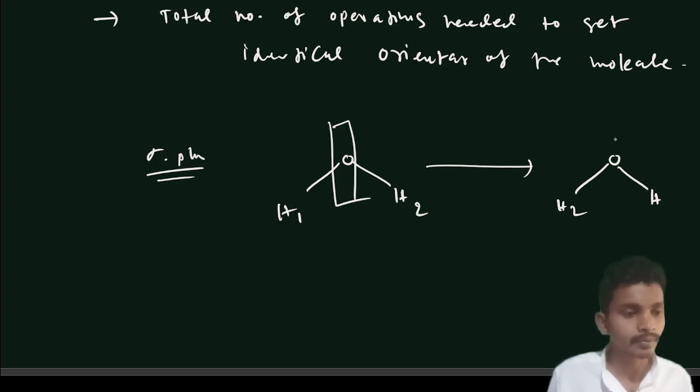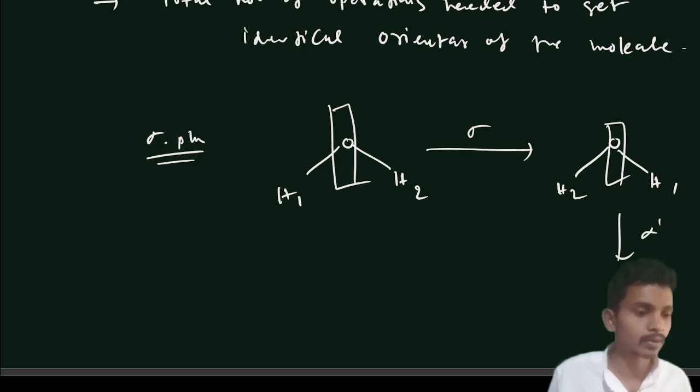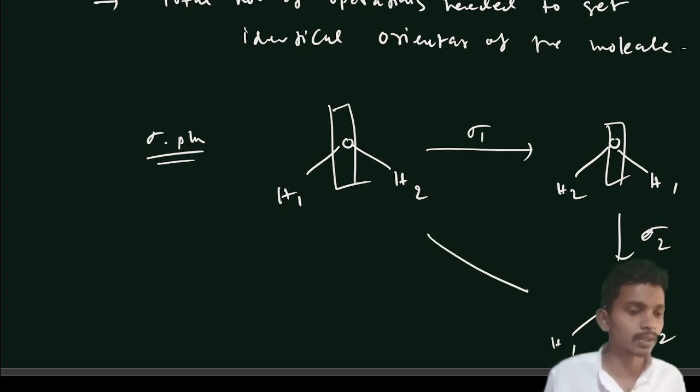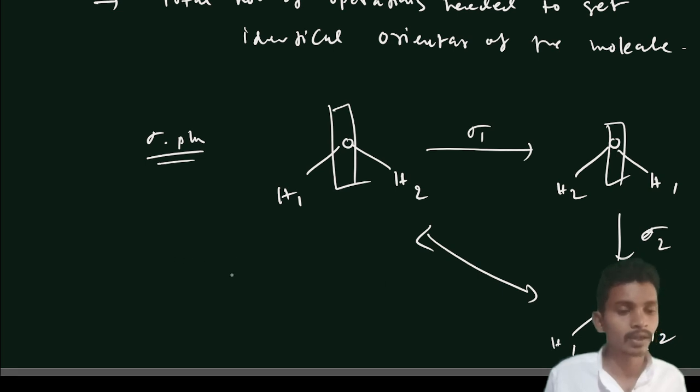And if I apply the same sigma again, this is sigma 1 and sigma 2, then what we get is the same value. These and these are identical. So how many operations did I need to get identical? The h is 2, I needed 2.